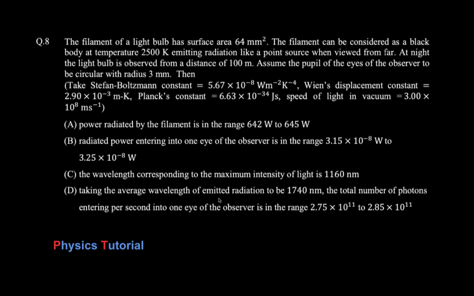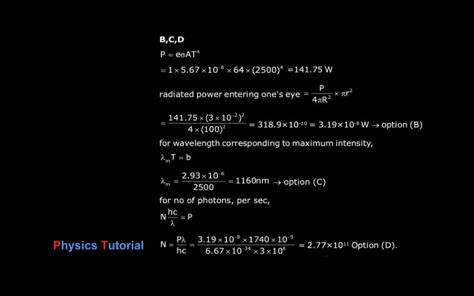And in C, D option, the Wien's displacement law is given. Lambda m into T equal to constant. So this will be the strategy to solve this, as it is more than one correct option. For first two, that is the Stefan's law, and another two are from Wien's displacement law. So let's start. You see, P is equal to e sigma A T to the power 4. A is the area of cross section.